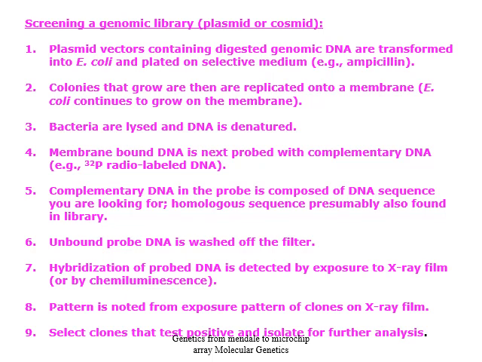Unbound probe DNA is washed off the filter. Hybridization of probe DNA is detected by exposure to X-ray film or by chemiluminescence. The exposure pattern is noted for each clone on the X-ray film. Select clones that test positive and isolate them for further analysis.